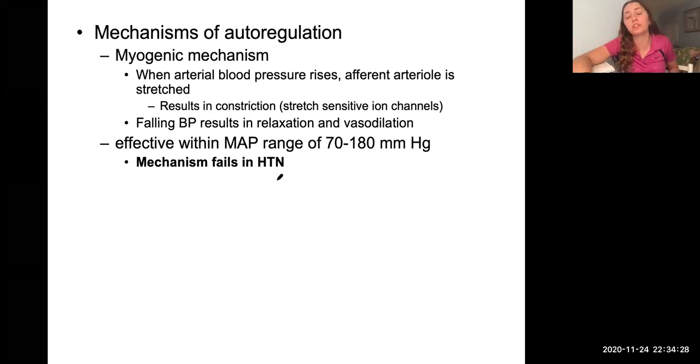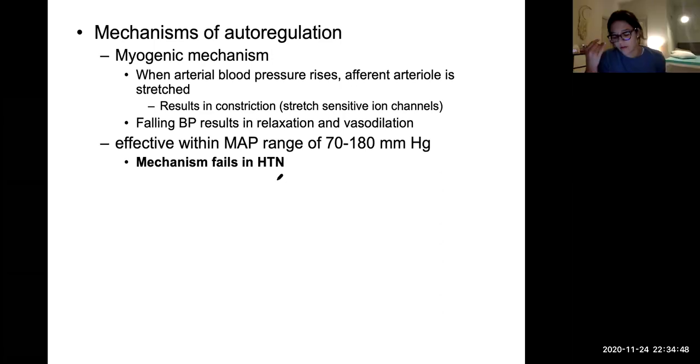Well, the pressure is regulated because of the afferent arteriole, by how dilated it is and how much pressure it's putting in the glomerulus, because the efferent stays exactly the same. If you make the afferent bigger, it's going to increase pressure. If you make it smaller, it's going to decrease pressure.